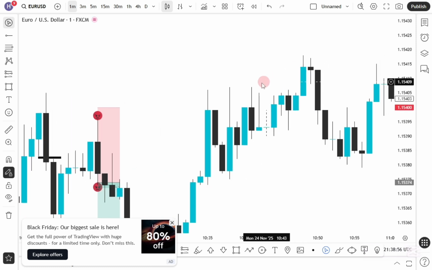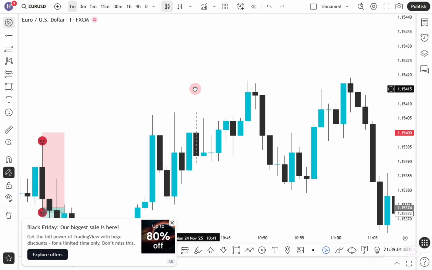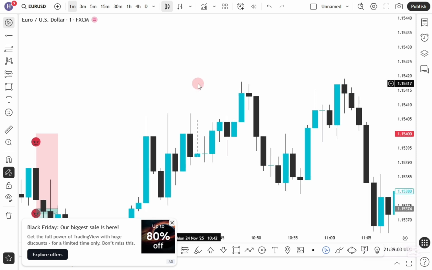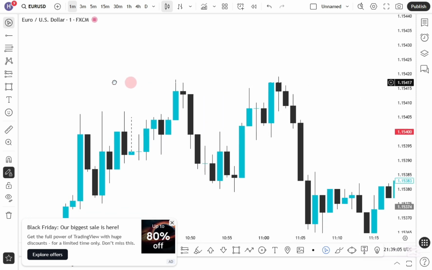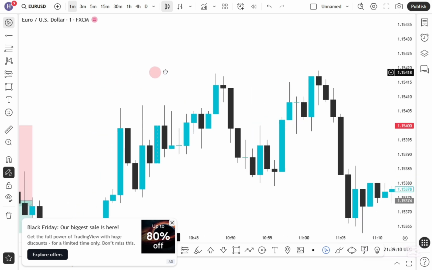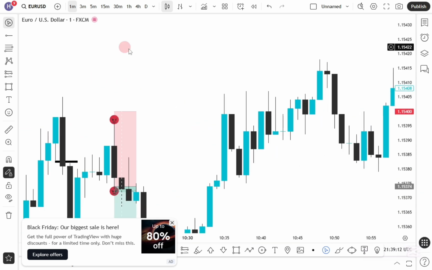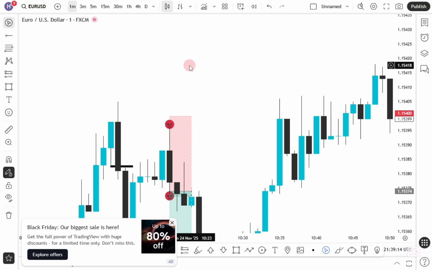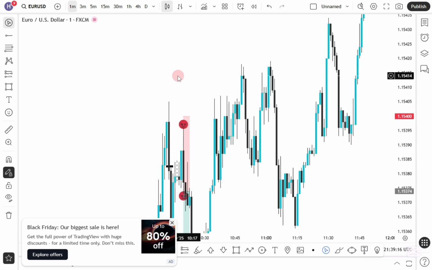Okay, I think we are looking for a liquidity zone where liquidity was being swept out. I think we have something here. So yeah, I'm coming, guys.